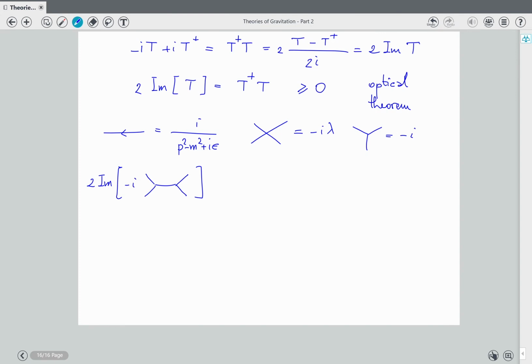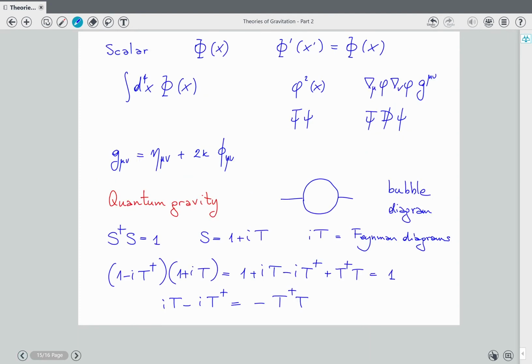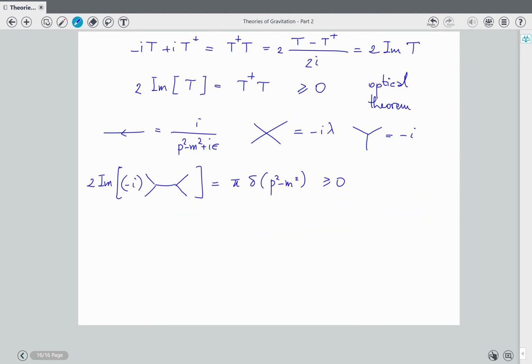So if you put here the minus i, this was indeed equal to pi delta of p squared minus m squared, which is non-negative. And why is this important? Well, this is important because it's unitarity.